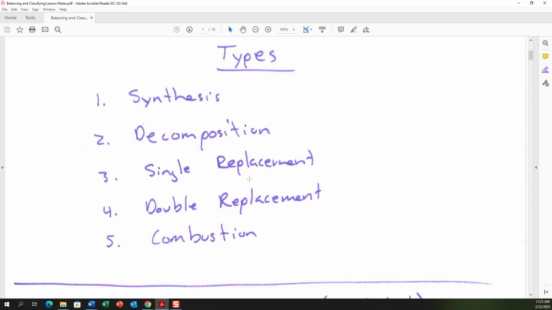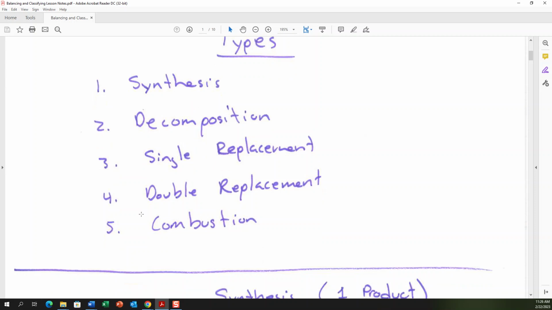Okay. Some quick things: synthesis and decomposition are essentially opposites, and combustion is going to be the easiest one to identify because we're really only going to be talking about combustion of organic compounds, so like hydrocarbons or alcohols or something like that.